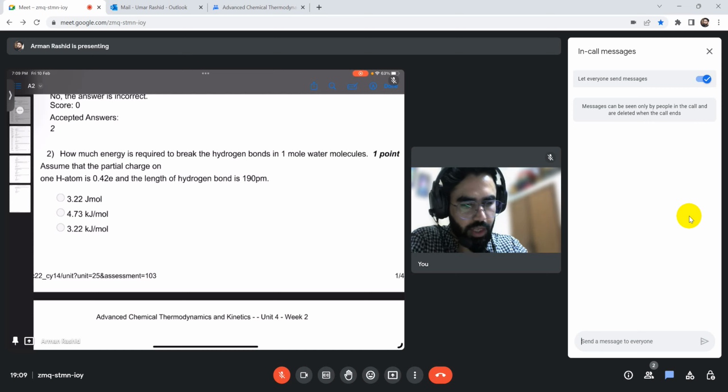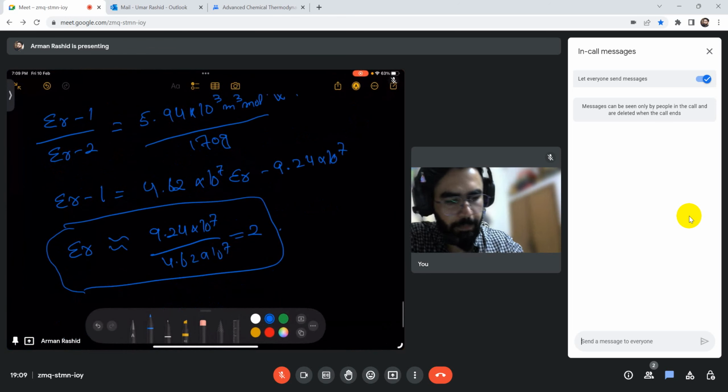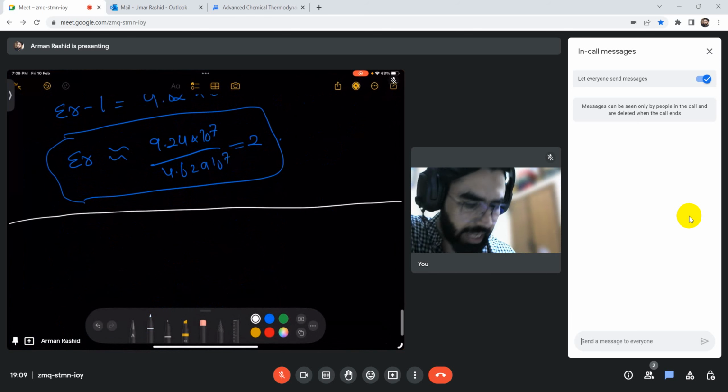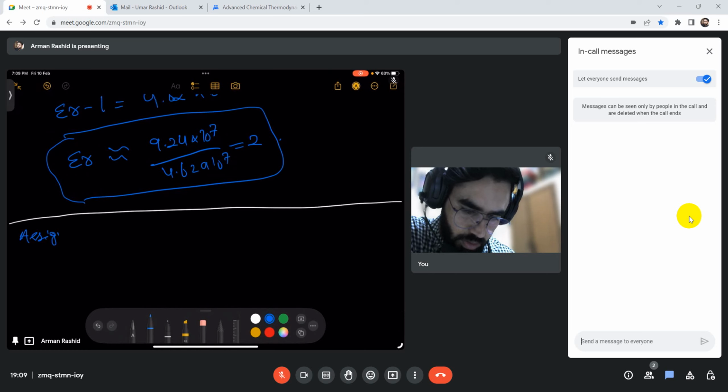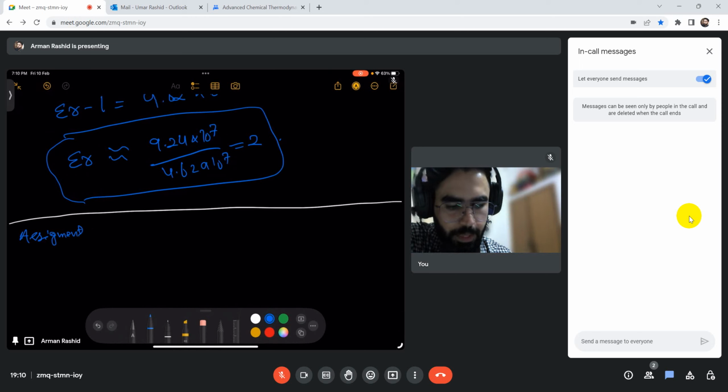So the partial charge and the length are given. We will determine the potential energy of the hydrogen bonds inside 1 mole, and the negative of that energy will be the energy we need to break those many bonds present in 1 mole of water molecules.